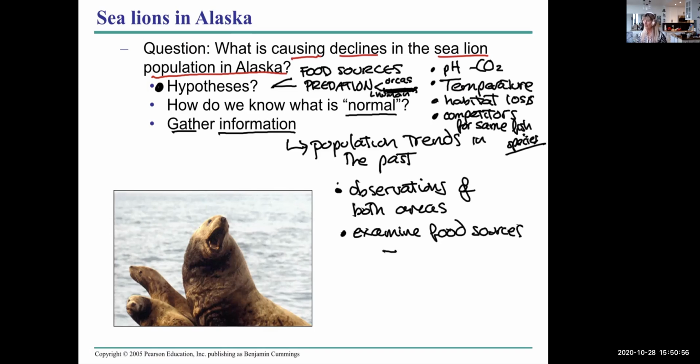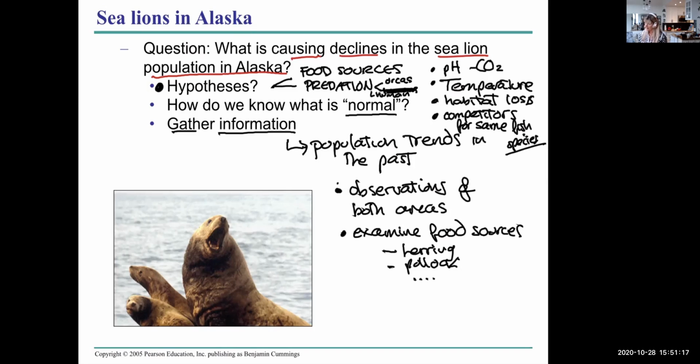What do they eat? Sea lions eat herring, they eat pollock, and they eat other kinds of fishes too, I'm sure. Those are the kinds of data that you need to collect as a population ecologist.